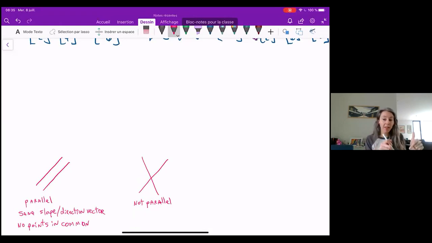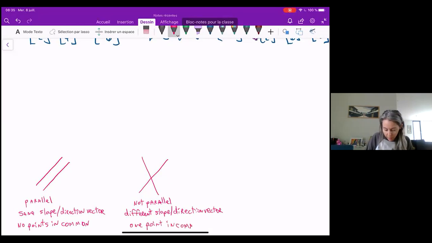So here the parallel case is no solution. This right here would be one solution. So this is a different slope. In other words, they have a different direction vector, and they'll have one point in common.